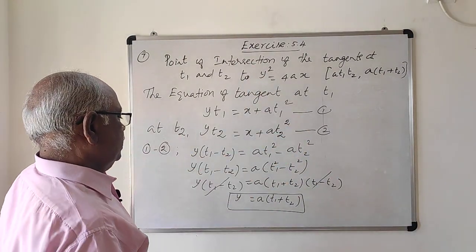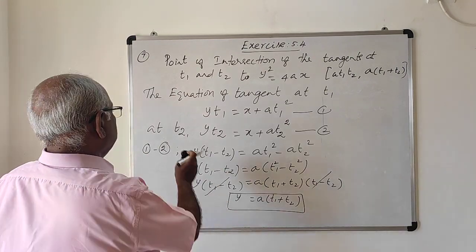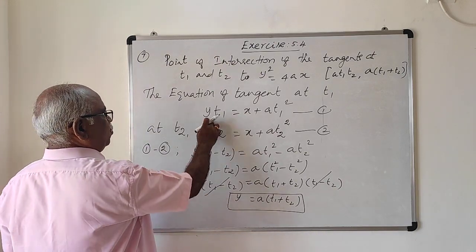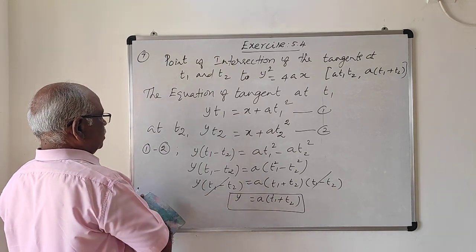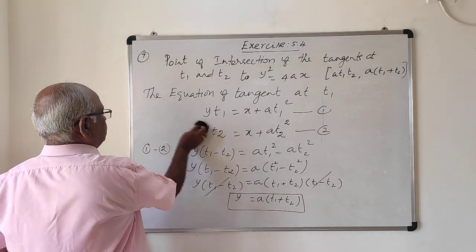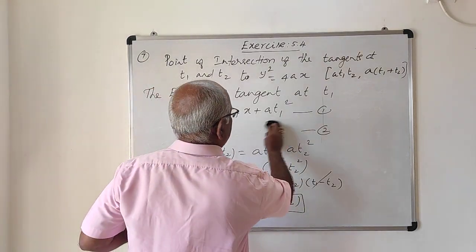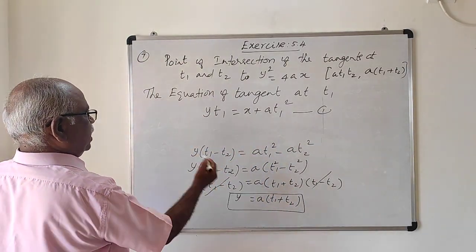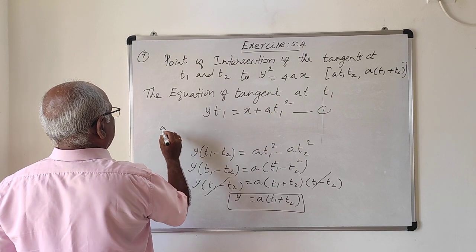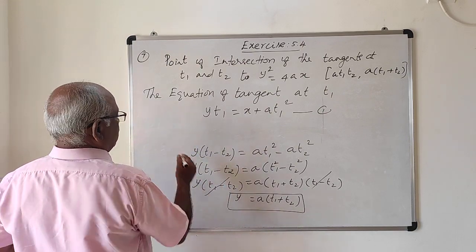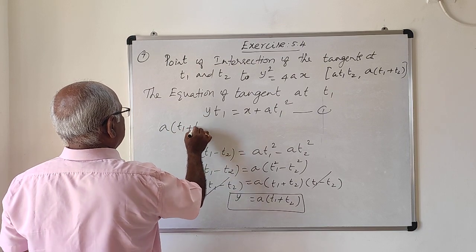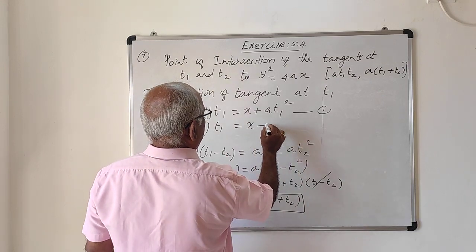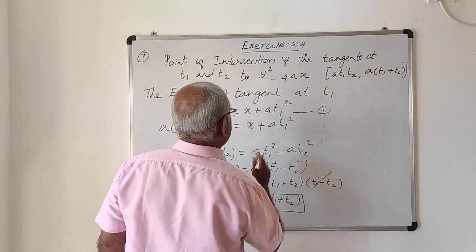Substituting the value of y in equation 1, y is a into t1 plus t2, and multiplying with t1 gives x plus a t1 square.